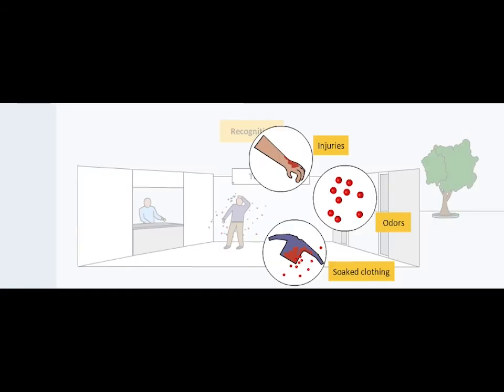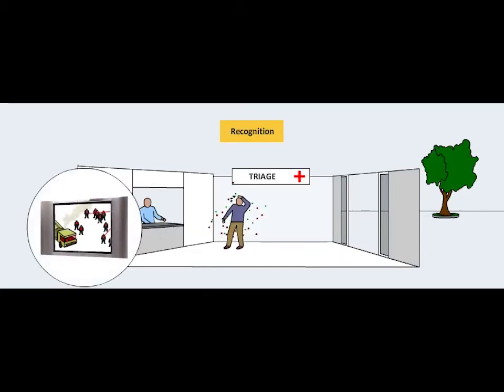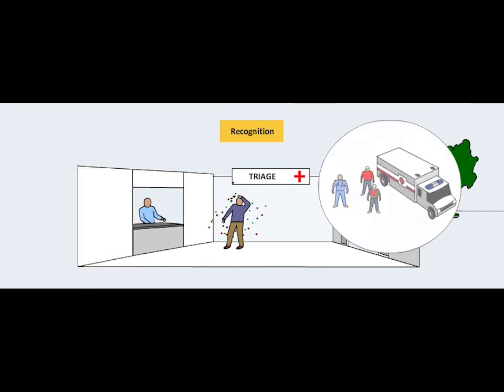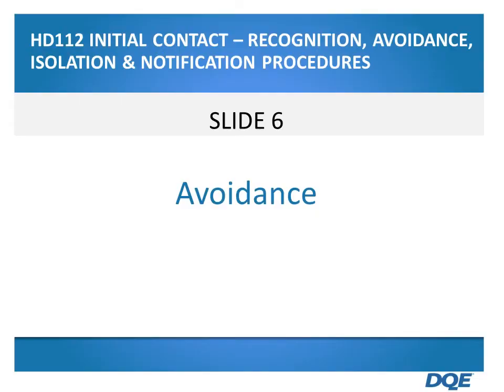Contaminants often have odors. Contamination may be visible on clothing, or the patient may be complaining of conditions such as breathing difficulties, skin irritation, or burning eyes. You may have information from the media or from emergency responders that a release has occurred in the community, and you should be on the lookout for patients presenting with specific signs and symptoms from the contamination described.